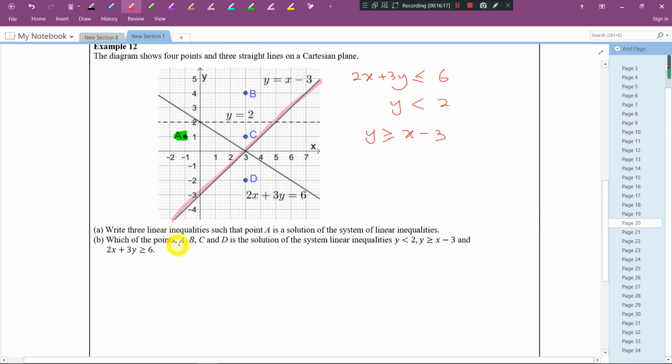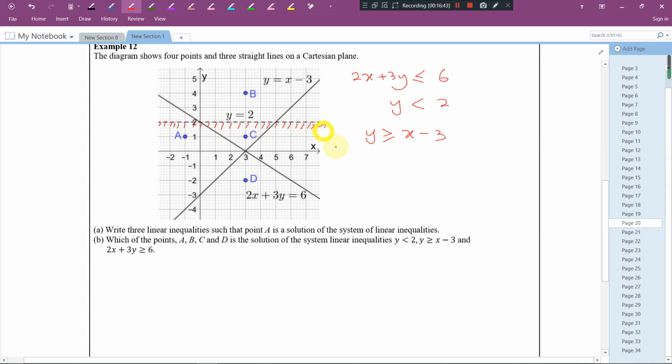Okay, let's go to part B. Which of the following points A, B, C, D is a solution of the system of linear inequalities for these 3 linear inequalities? Y less than 2. This is y equal to 2, less than means below. We make some marking here first.